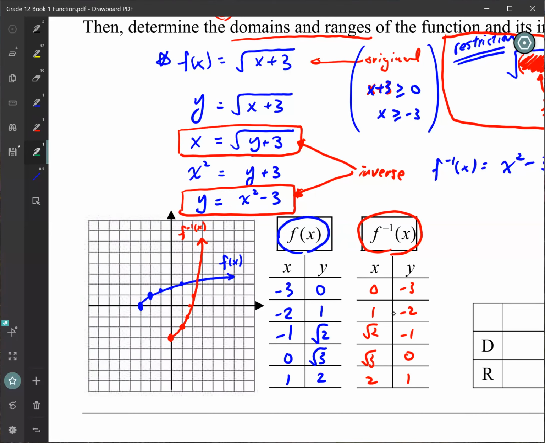Okay, so how about the reflection line? Do you remember the reflection line? Ray, where should be the reflection line? X equals Y. Could you draw on the screen right now? Show us where is x equal to y. Like here, I can't draw very well. It looks pretty good, the pink one.